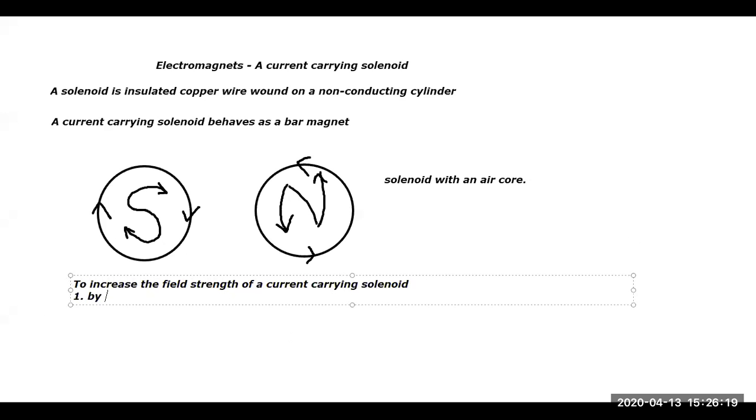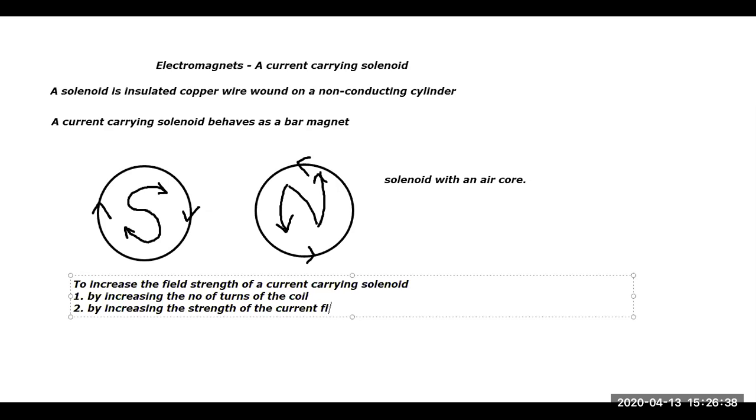Number one, what can I do? By increasing the number of turns of the coil. Very right. And number two, what? By increasing the strength of the current flowing through the coil.